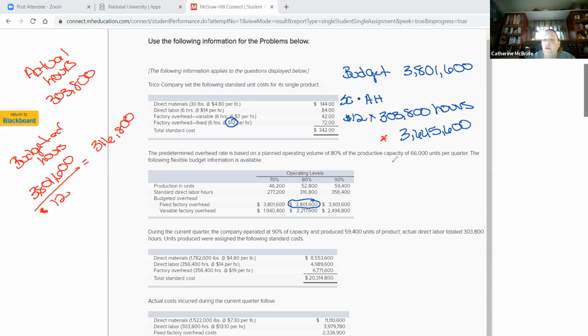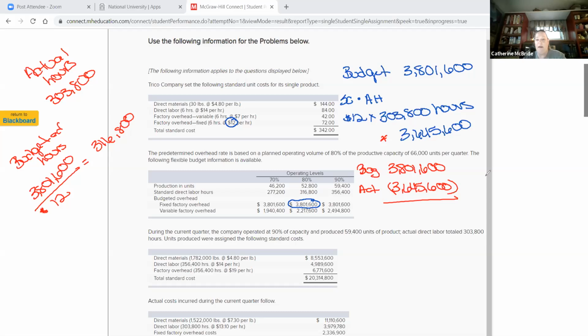So all we've done is multiply both by the $12. If we took our budget here, which is the answer down there, $3,801,600, minus our actual, which is $3,645,600, that gives us a variance.